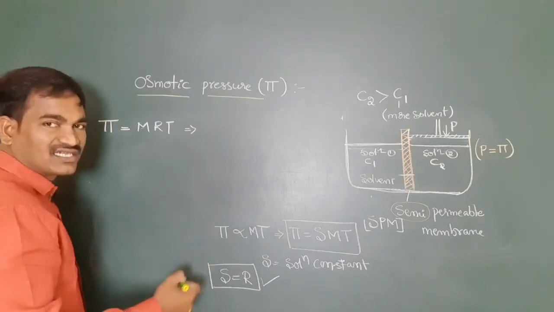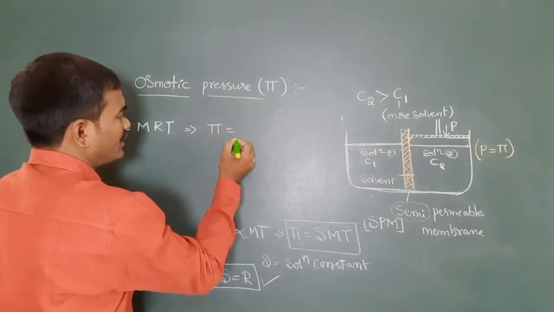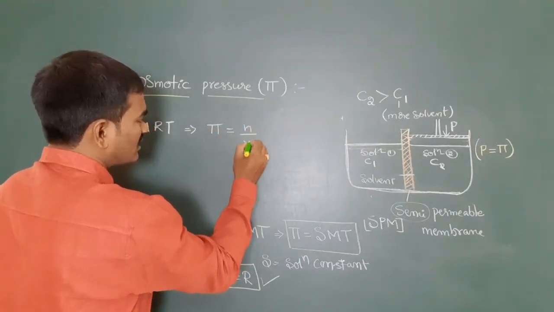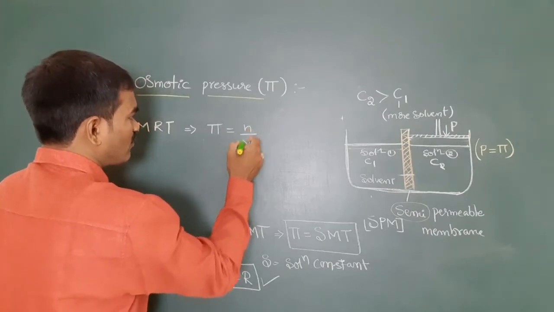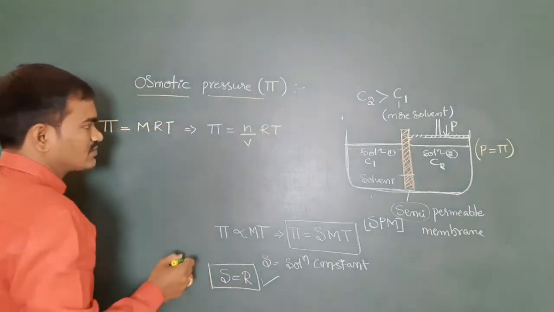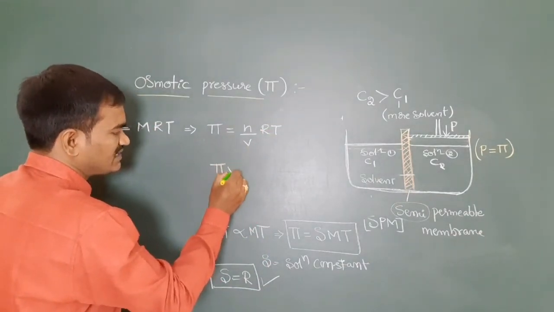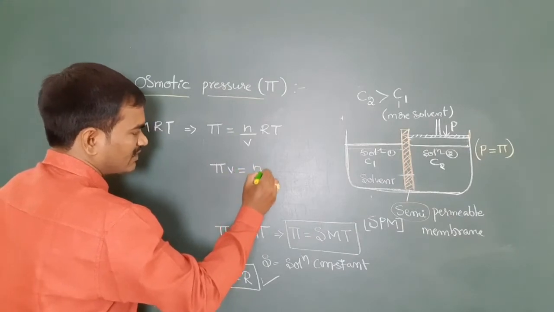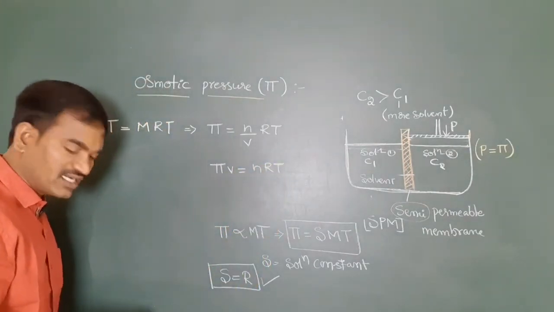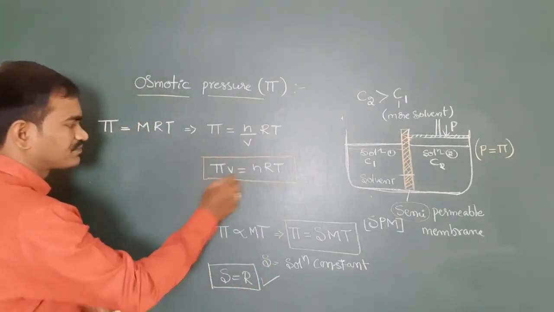That is the concentration term, no? So pi is equal to n by V, number of moles by volume, into RT. So now pi V is equal to nRT. Have you got it? Take it down: pi V is equal to nRT.